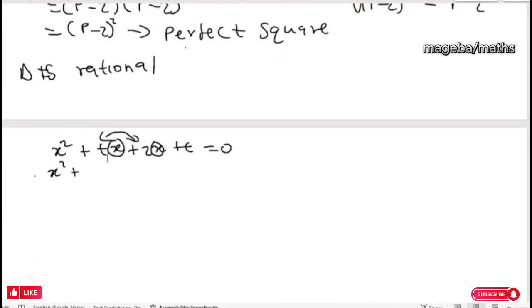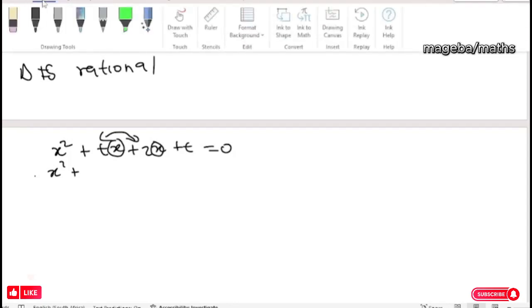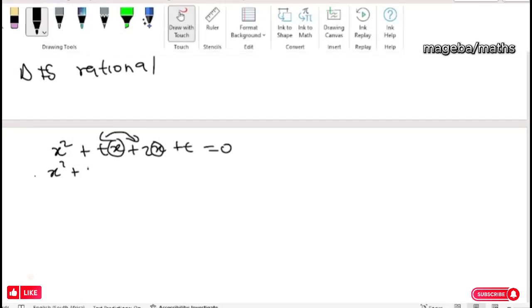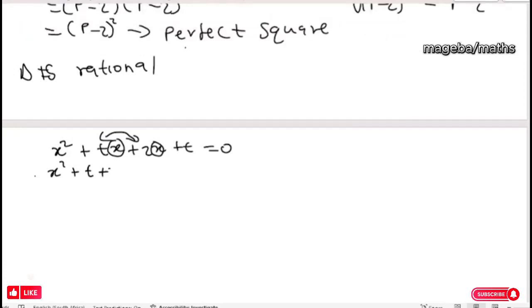These two, which are tx and 2x, are like terms, so we can add those two, which is going to be t plus 2, all this into x, and then plus t equals 0. Now my value of a is going to be 1, and then my b is going to be t plus 2, and then my c is going to be t.